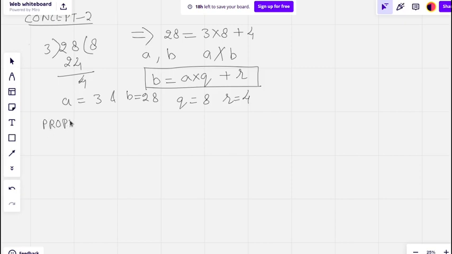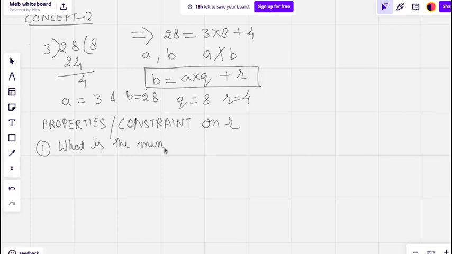Properties or constraints, let me write it down. Constraint on R. So what we want to find out is, what is the minimum value of R?